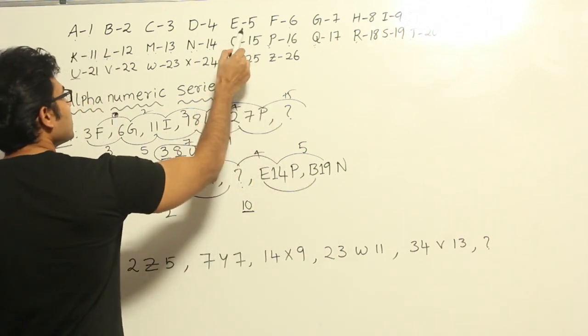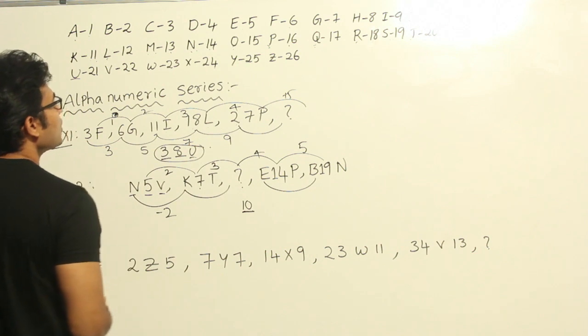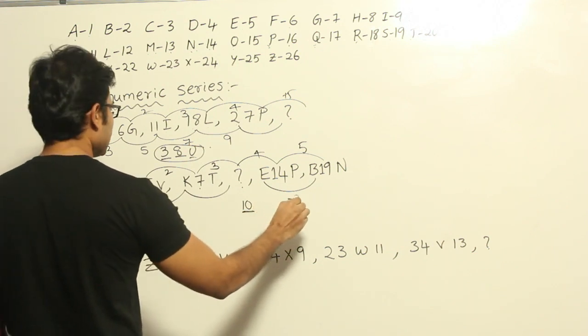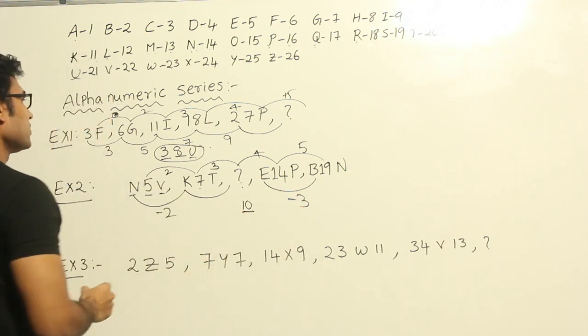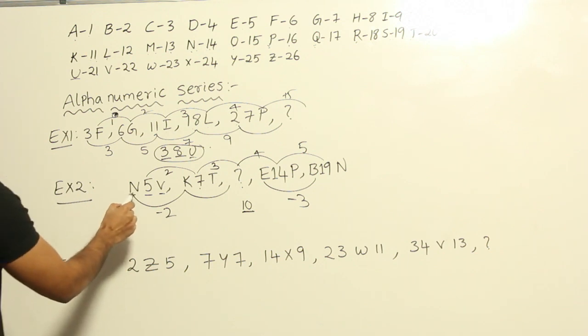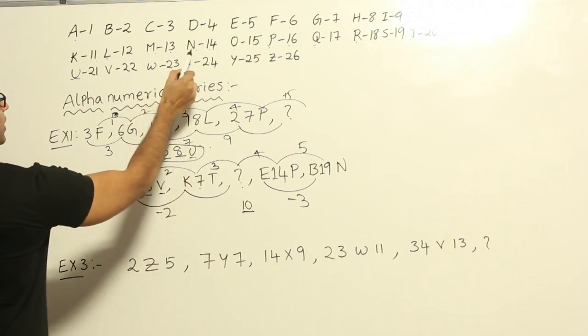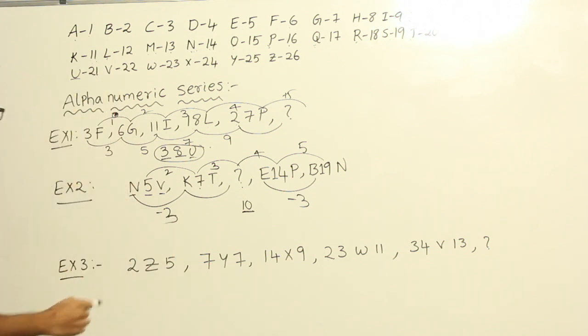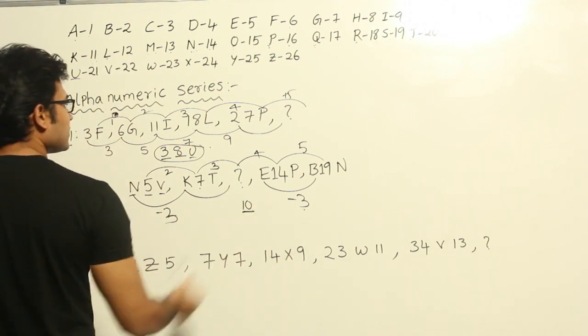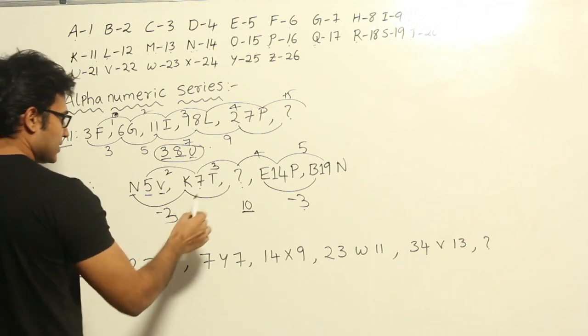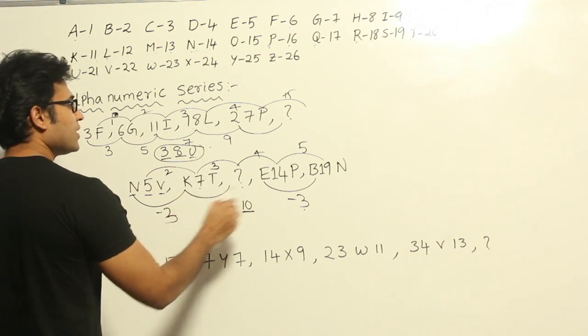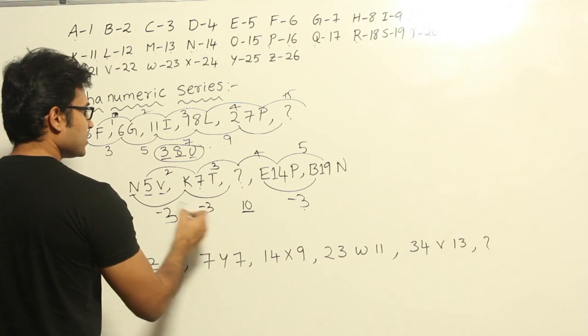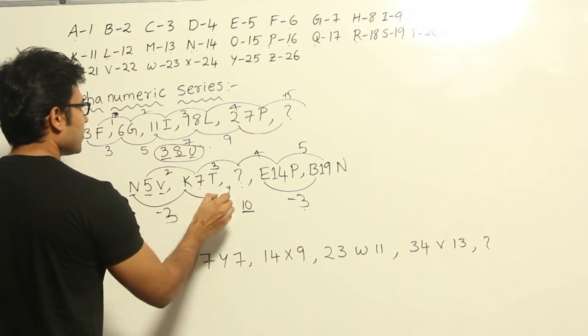Now E and B, so E is 5, B is 2, so the difference is minus 3, isn't it? So from N to K the difference is minus 3 actually, not minus 2. Now here also the difference is minus 3. So they are maintaining a difference of minus 3 in all the numbers. So let's see what happens if I do minus 3 from K.